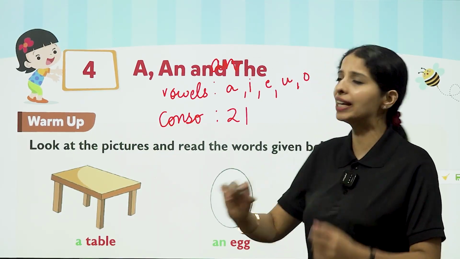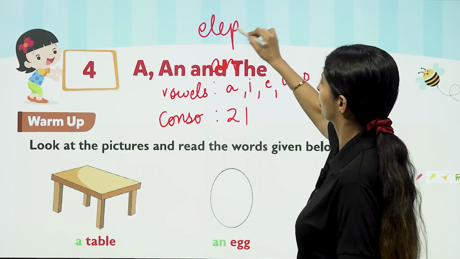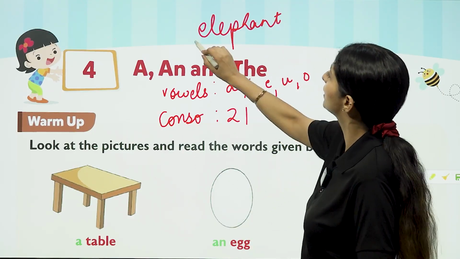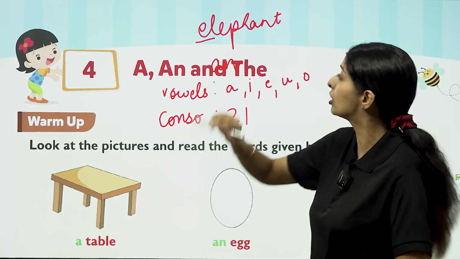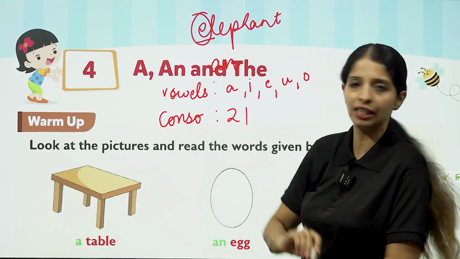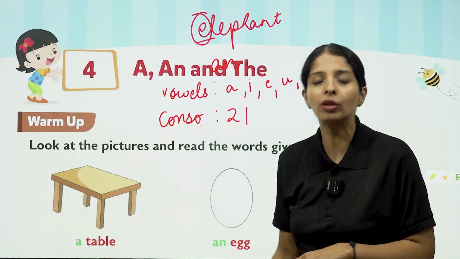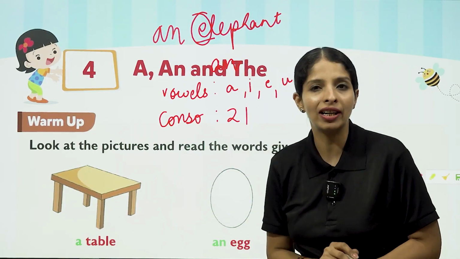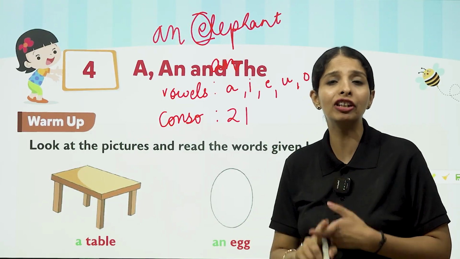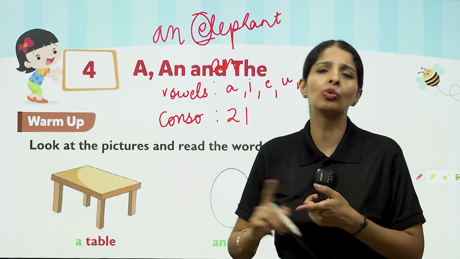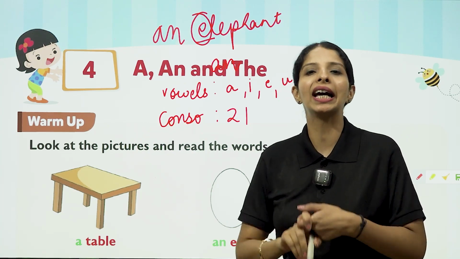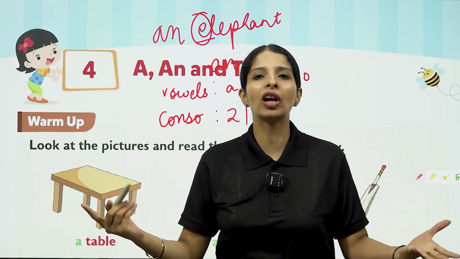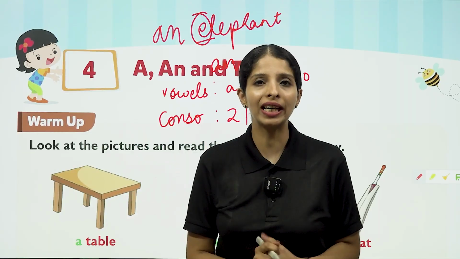For example, if I say elephant, then I will say this is a naming word which starts with a vowel. So, which article will I put before it? I will put an elephant. On the other hand, if the naming word starts with a consonant, then I'll write A. Now, what is with the article The?